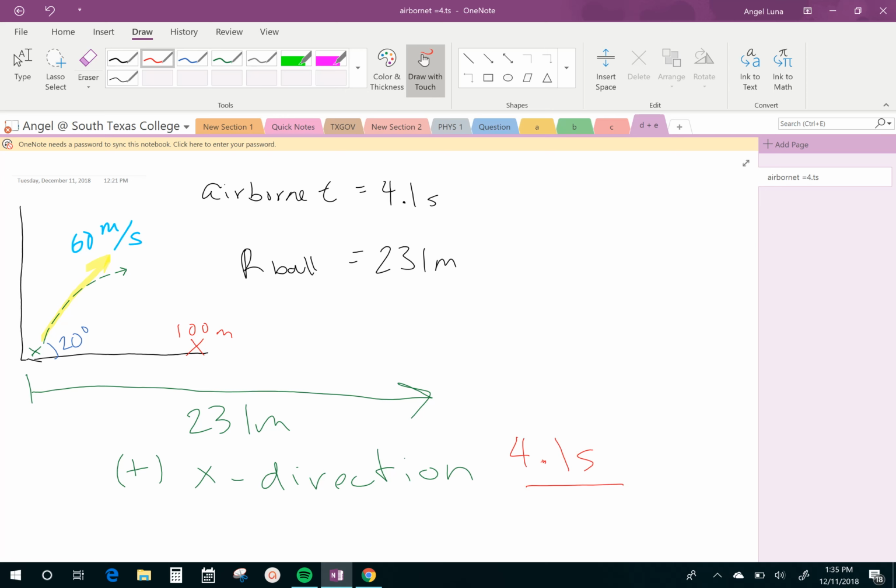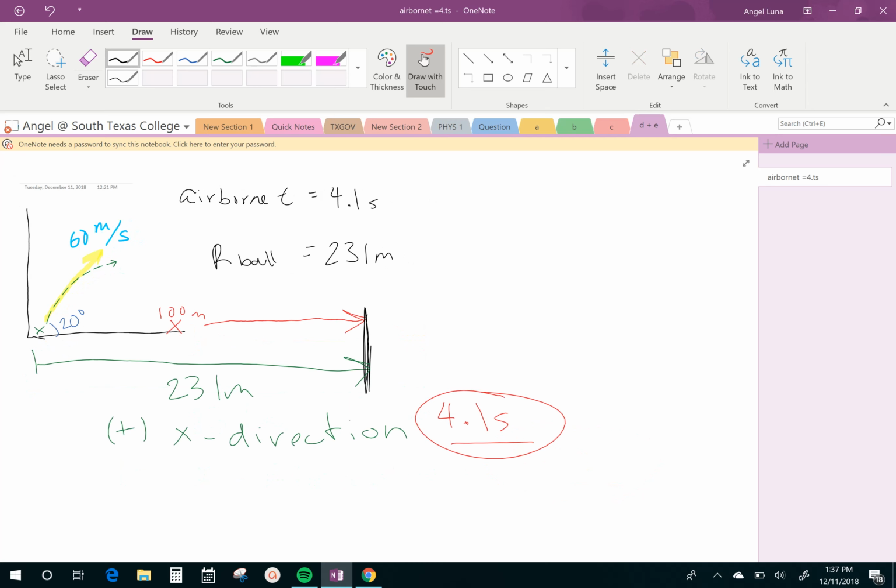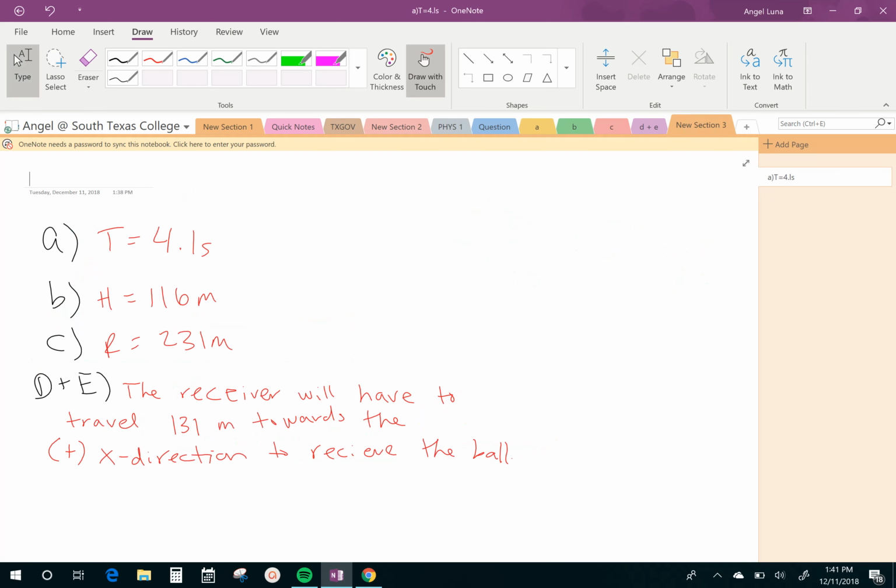So the receiver has to travel an additional 131 meters within 4.1 seconds to receive the ball. He would have to be running at a speed of 32 meters per second. And he would have to be running at that speed, 131 meters towards a positive x direction in order for him to receive the ball. Now here are your answers for this question.